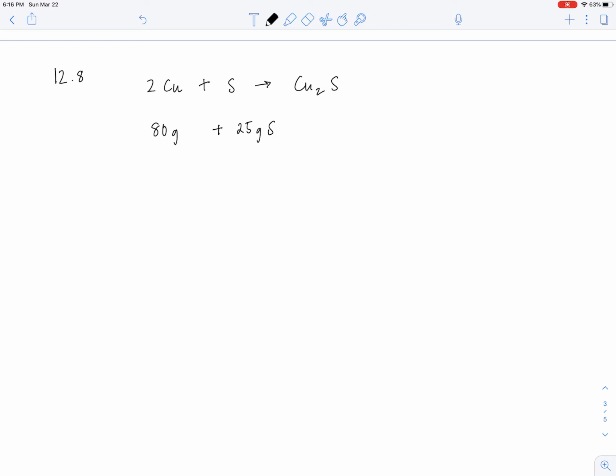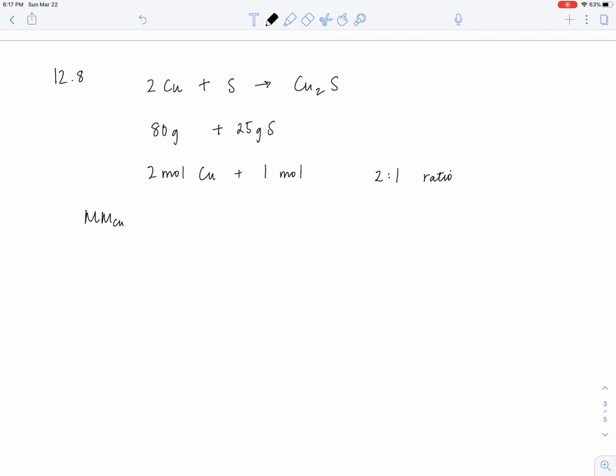We know here that we have 2 moles of copper react with 1 mole of sulfur. That's what we're looking at here. We have a 2-to-1 ratio. Now, the first thing that we need to do is use the molar mass of both copper and sulfur to determine how many moles of each we need to use.